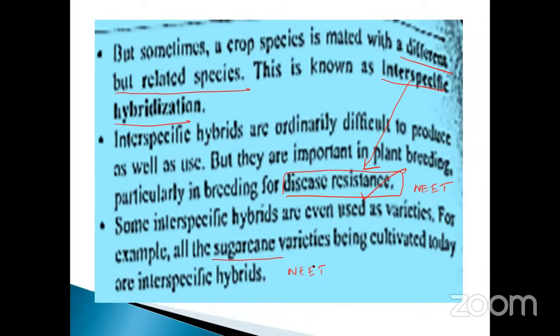And also the best example is sugarcane. Saccharum officinarum is an example, the botanical name of sugarcane. Okay, interspecific: a crop species is mated with a different but related species. Related species.